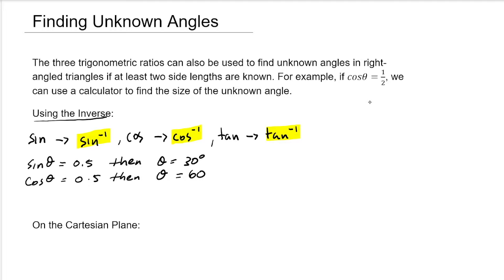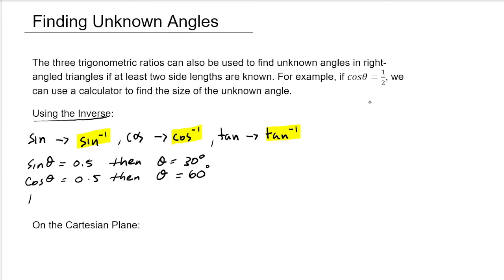One of the reasons we know that is 30 and 60 add up to 90, so they are complementary. So cosine and sine complement each other. In fact, the co part of cosine actually stands for complement. So we've got sine and then we've got complement sine. That's why they go together really nicely.